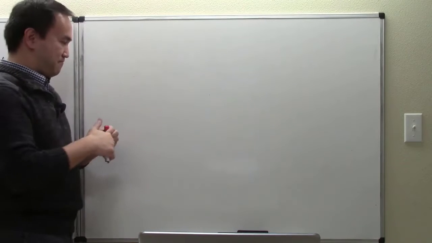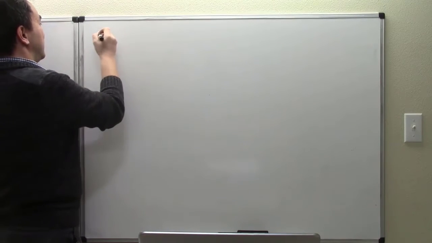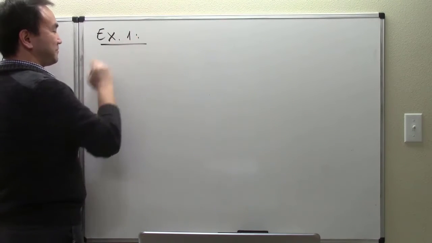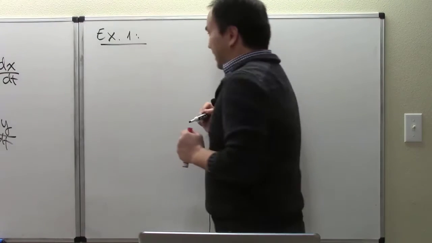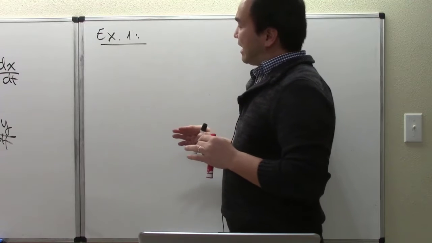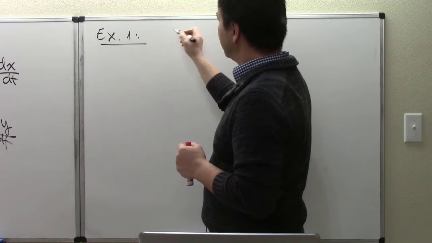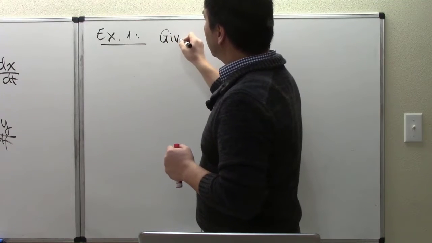All right, so I am going to get everyone into example 1. In pretty much any of these examples, I am going to start out by giving everyone an equation.